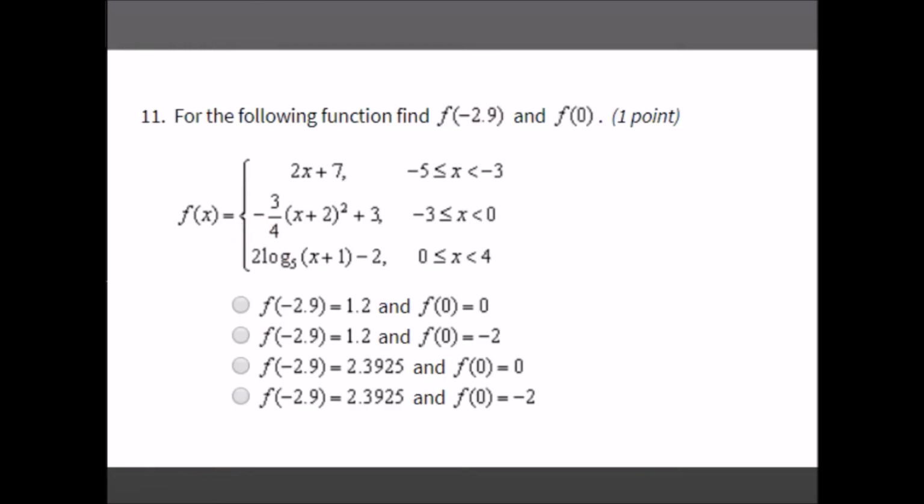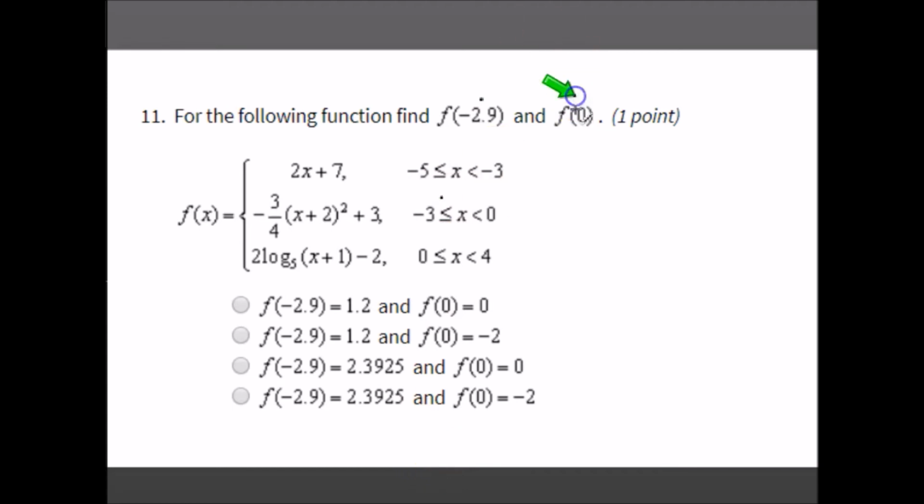All right, number 11. Number 11 asks us to find some functional values, f of negative 2.9 and f of 0. With these piecewise functions, the key is getting in the correct piece. The first thing I'm going to note is that f of negative 2.9 means I need to be in the window where negative 2.9 is, and that is the second function.